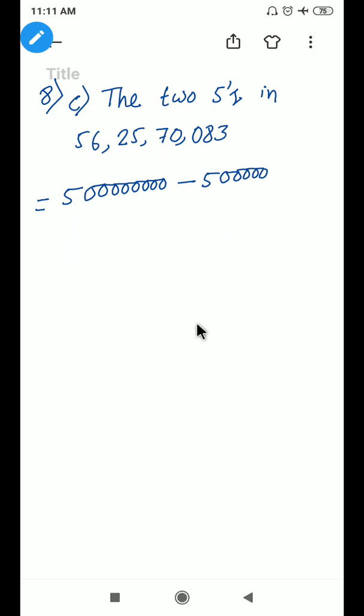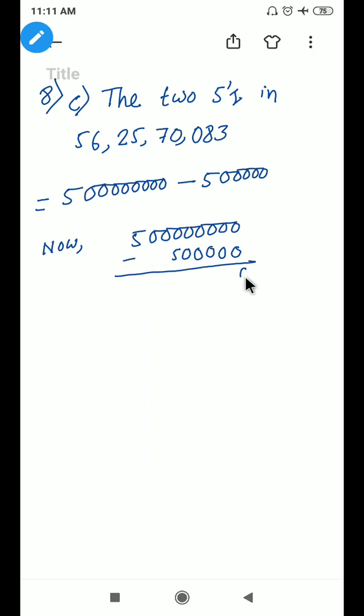Now do the subtraction. Here is 0, 0, 0, 0, 0, and 5 zeros, then 5.